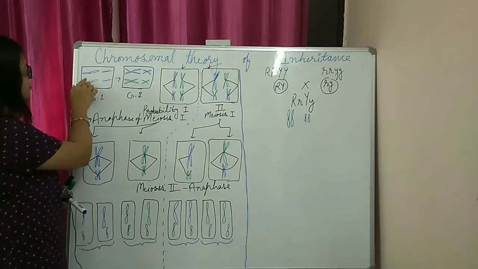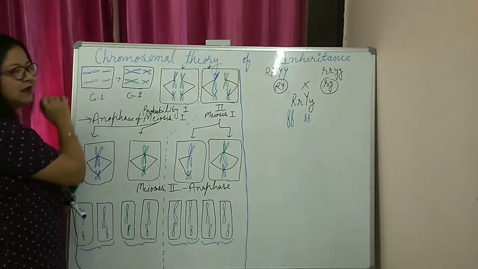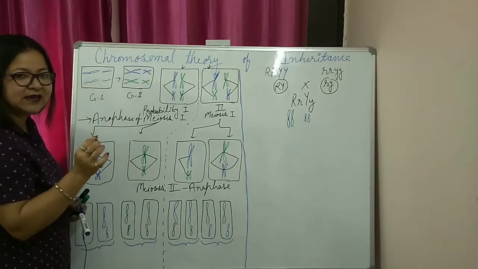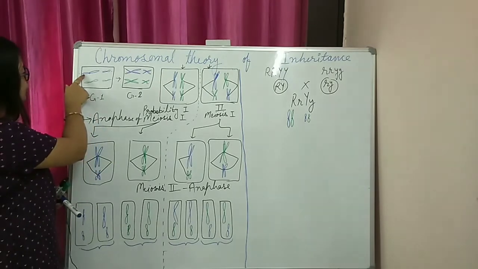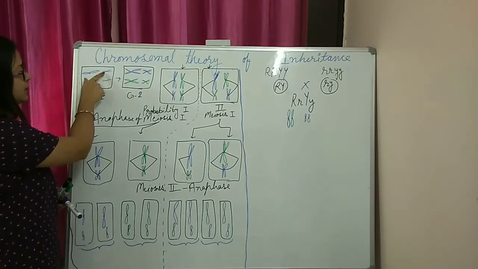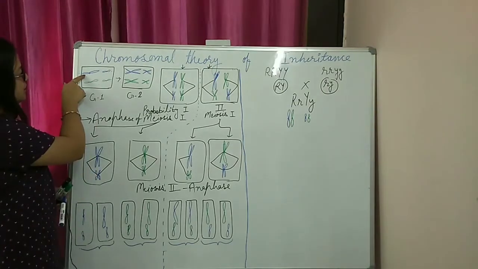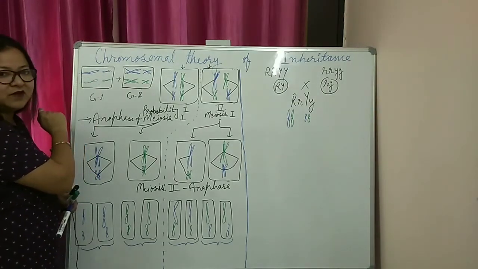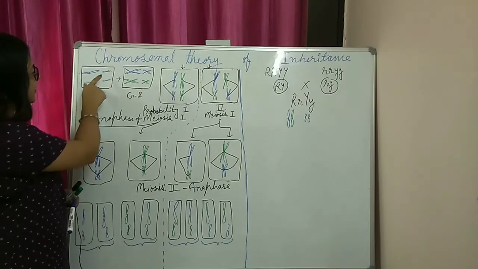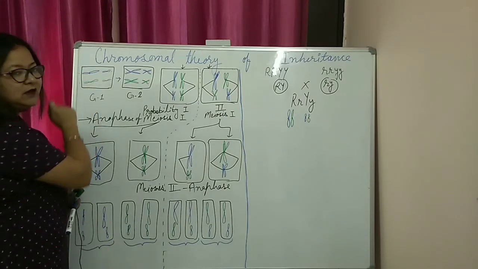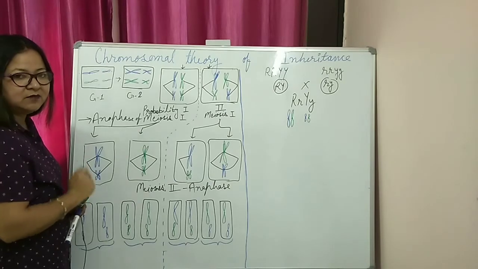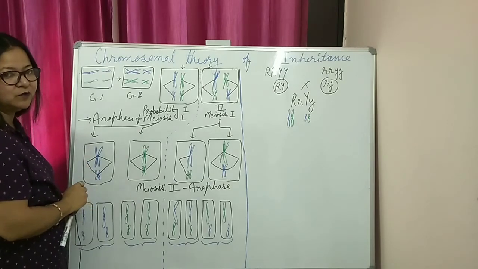To represent that the homologous pair may carry different forms of alleles or factors, we use 2 different colors. Same in the second pair of chromosomes. So this bigger blue and green is the first pair of homologous chromosomes, and the smaller blue and green is the second pair of homologous chromosomes.